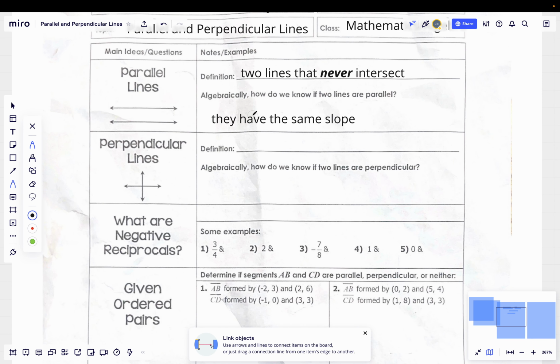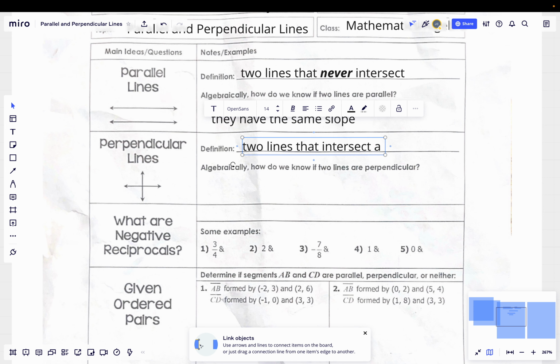So now we will put perpendicular lines, and these are two lines that intersect at a 90 degree angle.